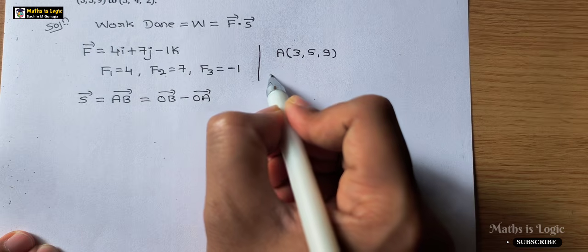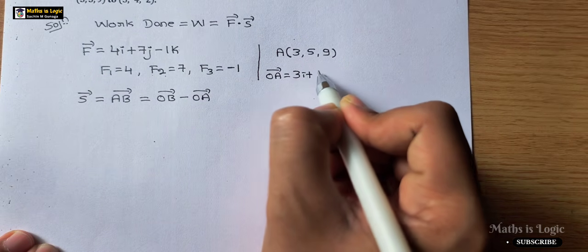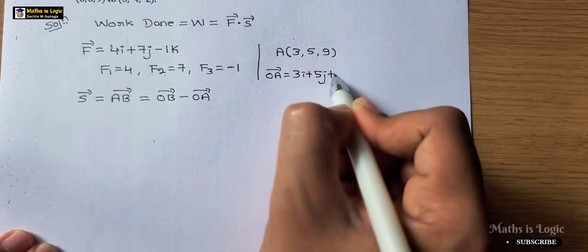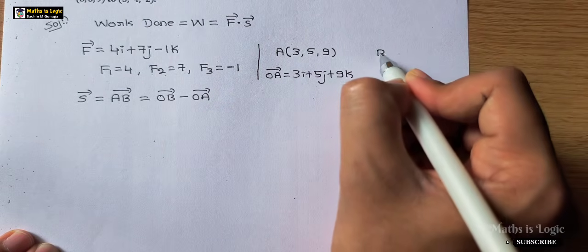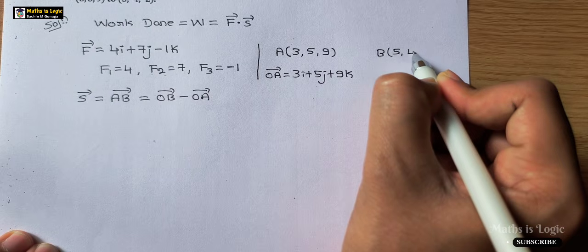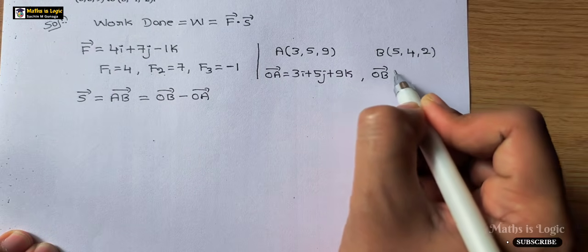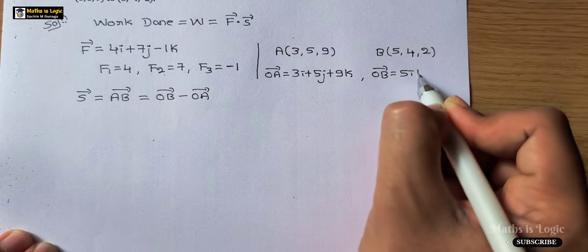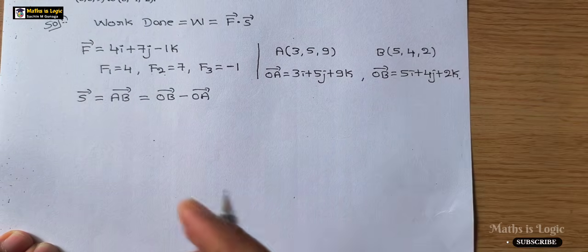Write the OA vector, the position vector: 3i plus 5j plus 9k. Consider the second point as B: 5, 4, 2. Write the position vector: the OB vector is equal to 5i plus 4j plus 2k.